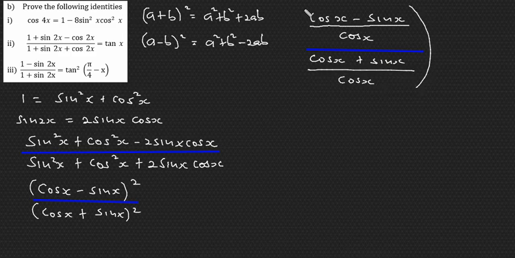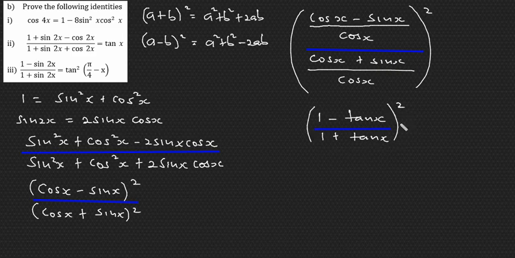I have not changed anything here, it is still squared. I have divided the numerator by a cos, and I have done the same in the denominator, so the equation is not changed, it is still the same, only that I'm going to create a tan now, because sine over cos is tan, and I have a 1 here, so this is going to be 1 minus tan x, then down will be 1 plus tan x, and this thing is squared.